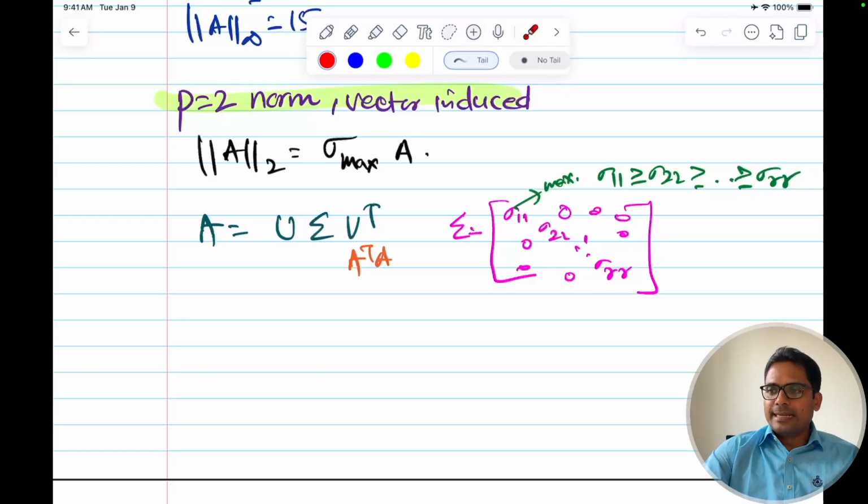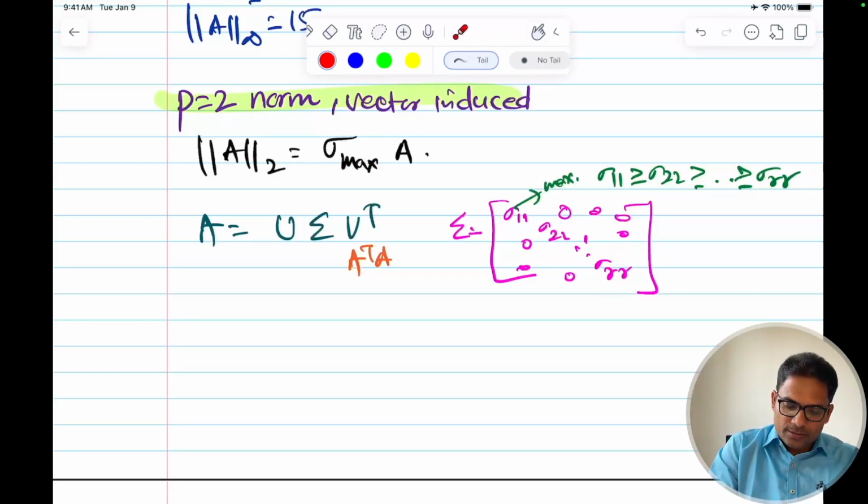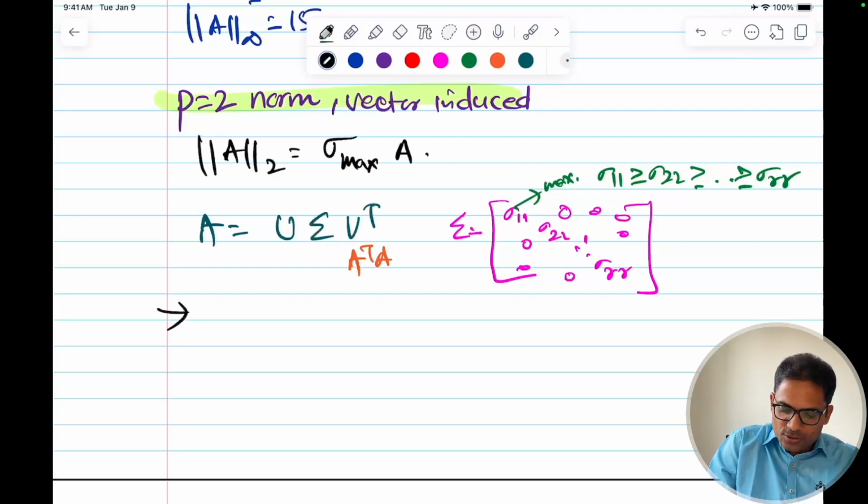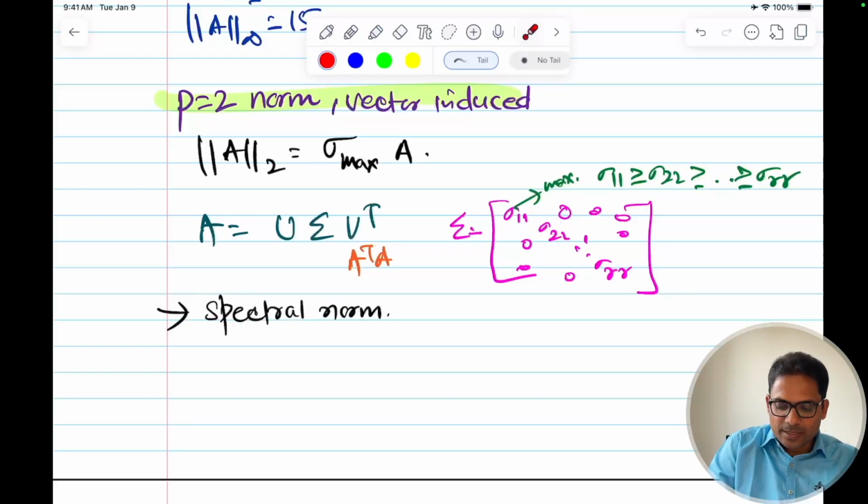We have discussed this in detail. This is also called the spectral norm. We discussed this in spectral decomposition also, when we were doing eigenvalue decomposition.